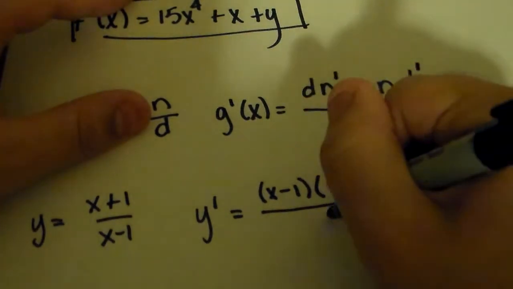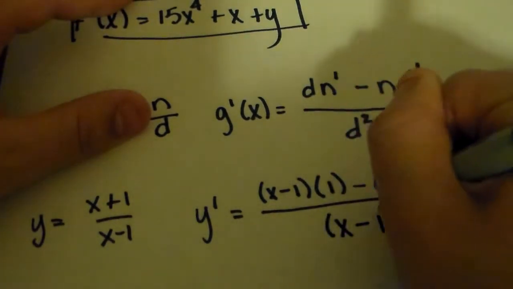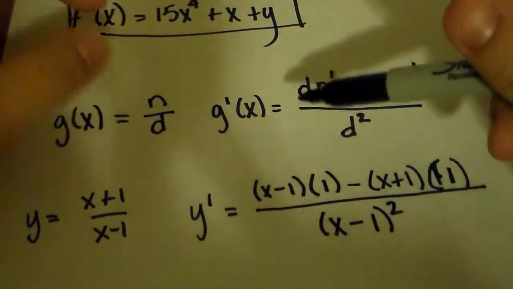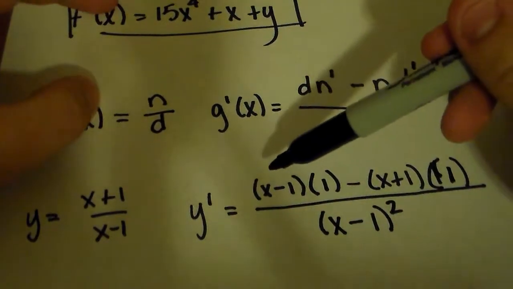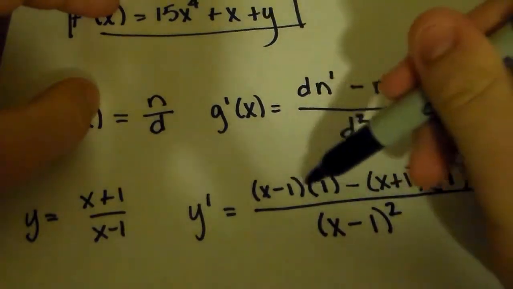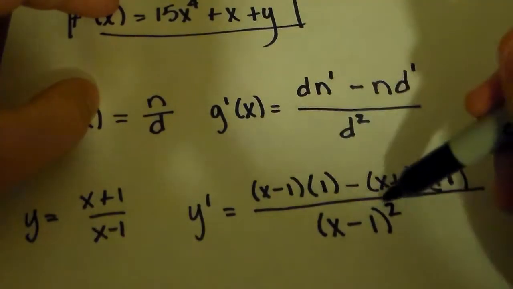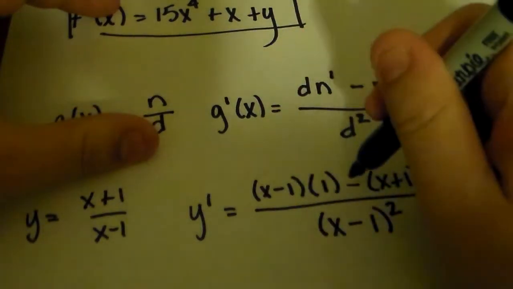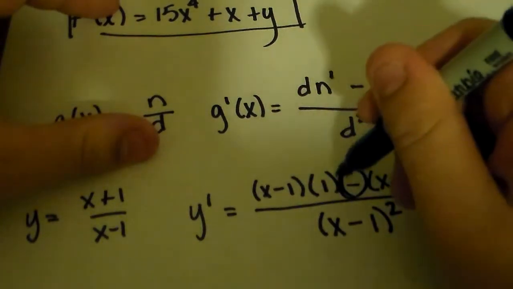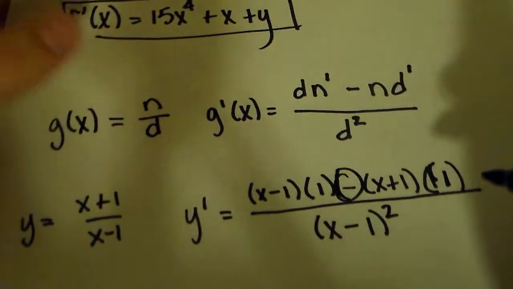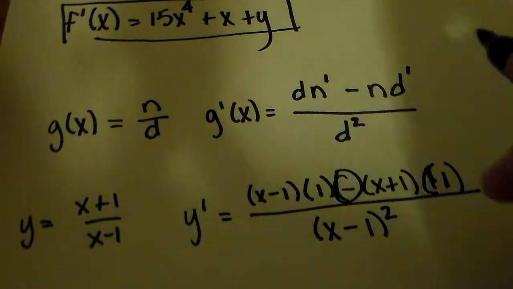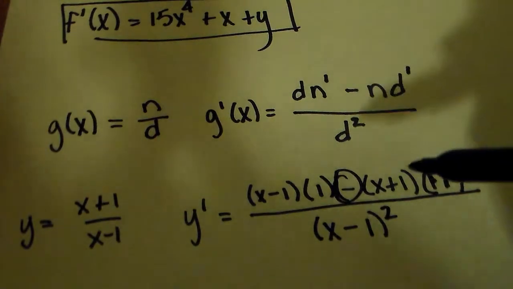all over x minus 1 squared. Now, some of you may think, oh, we can just cancel this out with a squared here. You can't do that, because you have a minus sign here. It's the same thing as saying 5 minus 2 over 2. You can't cancel the 2's out.